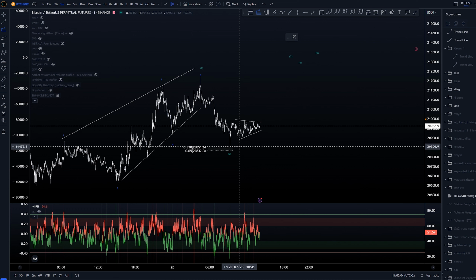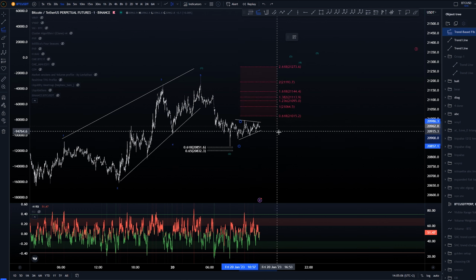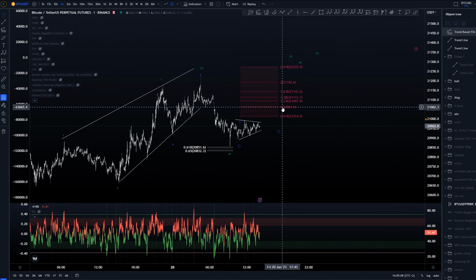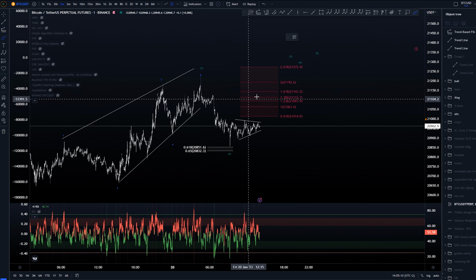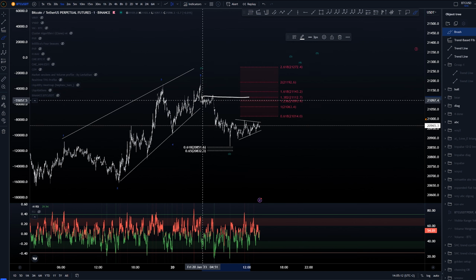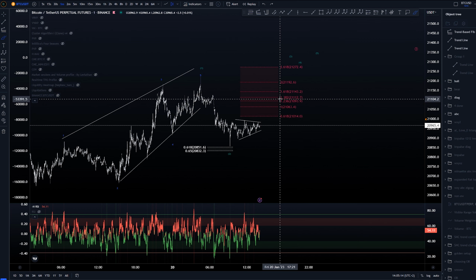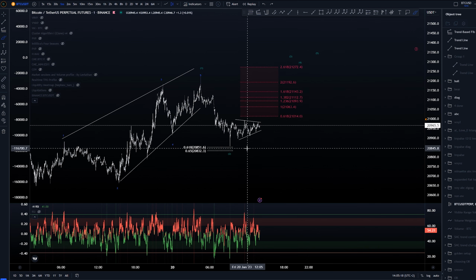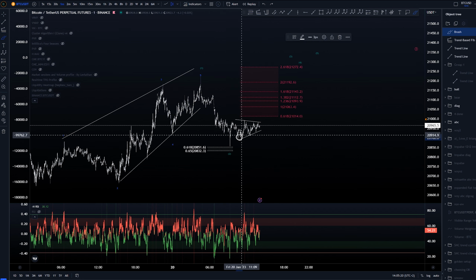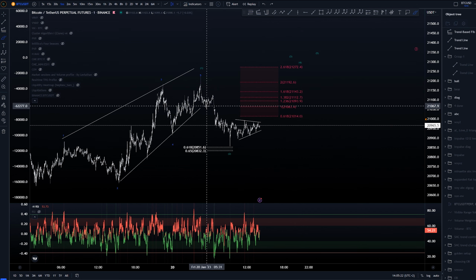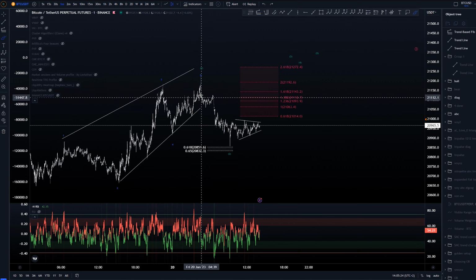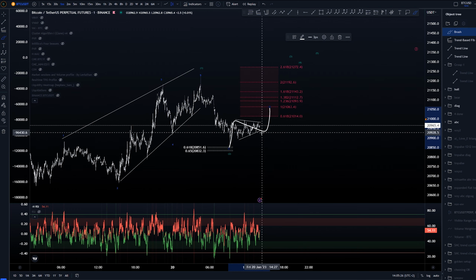At the moment, if we are looking at some extension targets, we'd be looking at this 1 to 1. Where do all of these targets lead? They are the extension targets of more bearish scenarios. I'm currently long already from these lows here, and looking for this being more of an ABC instead of anything else.